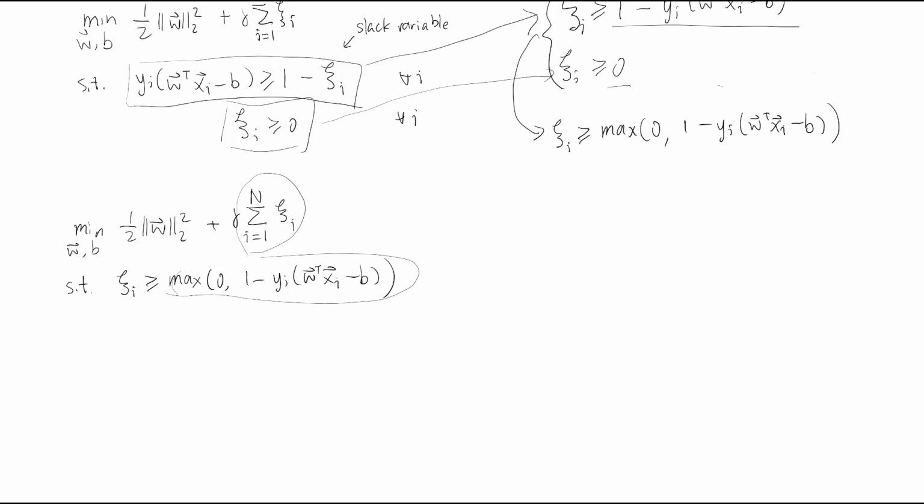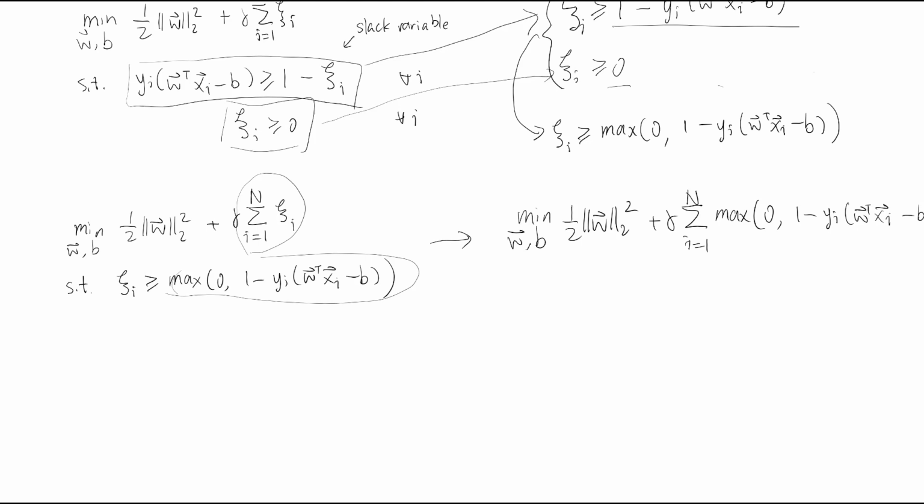So we can write it directly in the objective: min over w and b of 1/2 the squared 2-norm of w plus gamma times the sum from i equals 1 to N of max of 0 and 1 minus yi (w transpose xi minus b).